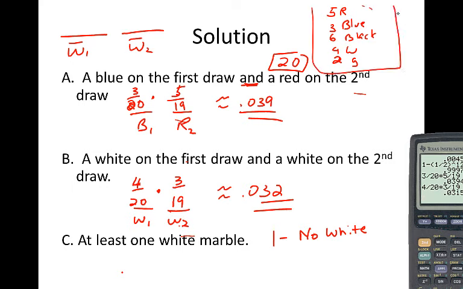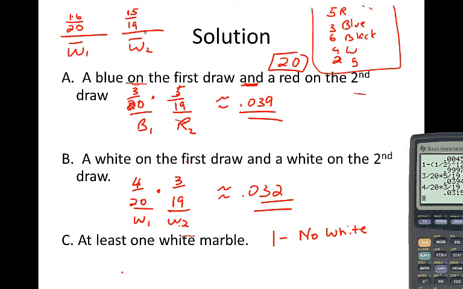Well, 4 are white, so that means that 16 over 20 on the first one. I'm not replacing it. So how many do I have that are not white, assuming that I get one of these? I now have 15 over 19.